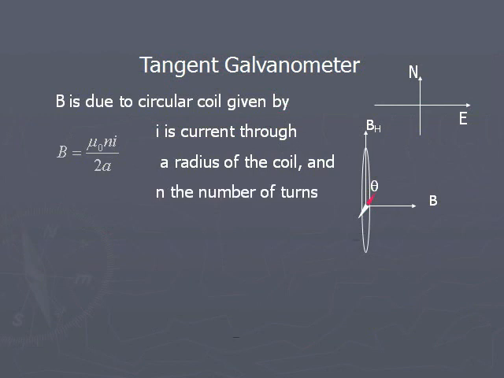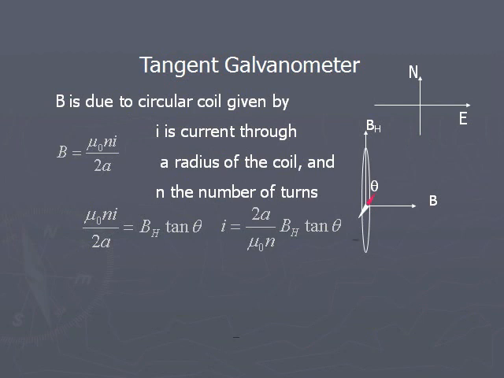But at the center of the circular coil, the value of magnetic field induction is given by B is equal to mu naught N i by 2a, where N is the number of turns, i is the current, and a is the radius of the coil.